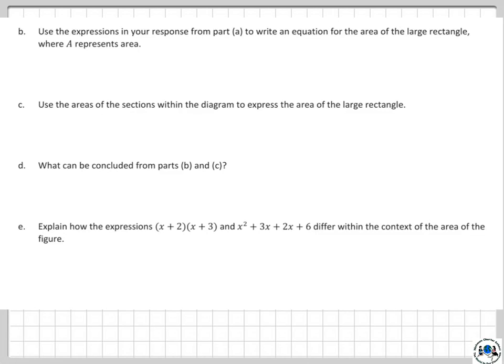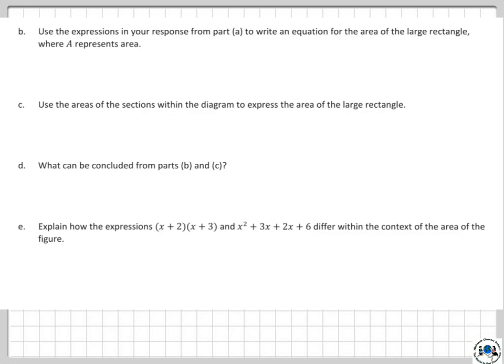Moving on to B. Now use the expressions in your response from part A, those two expressions that we wrote for length and width, to write an equation for the area of the large rectangle, where A represents area. So A equals.